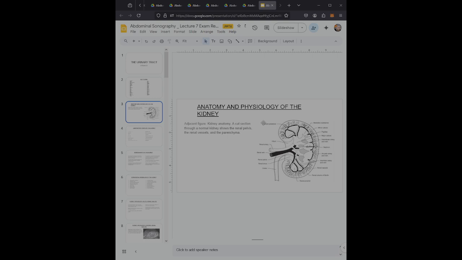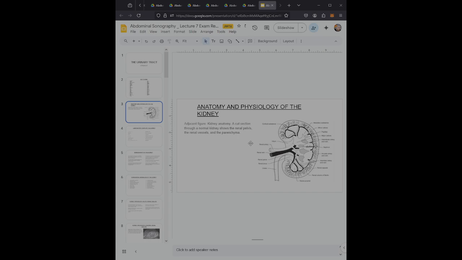Renal arteries are branches of the abdominal aorta, and these are located inferior to the superior mesenteric artery. Oxygenated blood travels through the renal arteries and enters the renal hilum, and then in the segmental branches it divides, and it subsequently further divides into interlobar arteries.